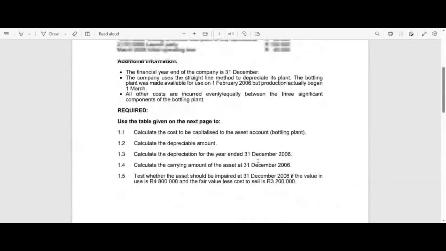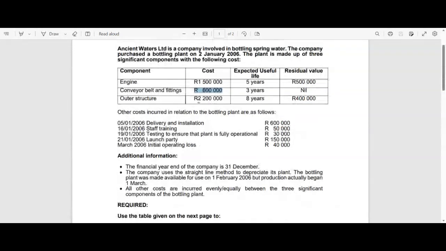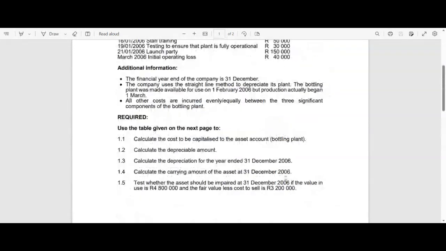And then we've got the purchase price of the outer structure of 2.2 million rands. So clearly that 2.2 million rands must also be capitalized in a separate ledger account, which we will call bottling plant, outer structure, cost, the 2.2 million.